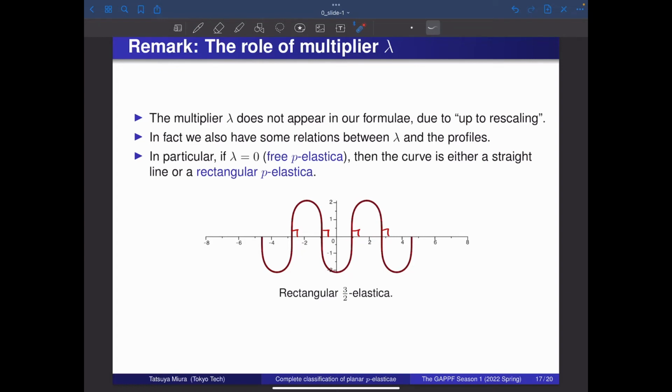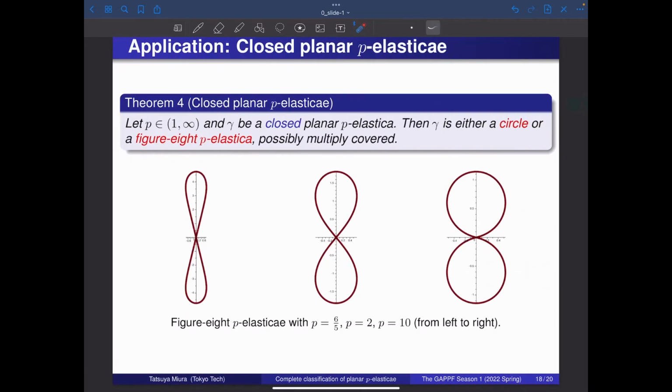And now, finally, I give you an example of the application of our classification results. And maybe this would be the most fundamental problem in P-elastica theory, which is the classification of closed planar P-elasticae.